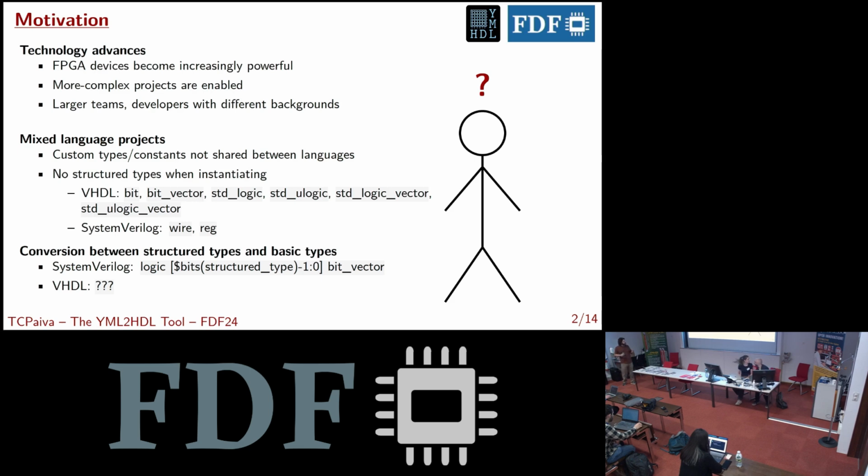You have this $bits function that gets the number of bits of a structure, for example, and you can do logic, number of bits, and that's it. But for VHDL, that's a little bit harder. You have to create one convert function for each one of the structured data that you have.